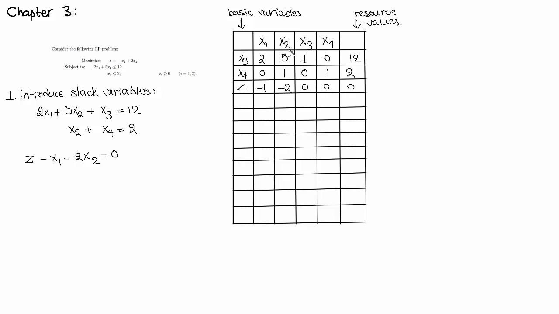And now we need to choose the smallest ratio of the resource values over the coefficients from the column x2. So here we're going to have 12 over 5, and this is going to be 2 over 1. And we can see that the smallest ratio is 2 over 1, so we're going to pivot on this element, and so we can see that x4 is going to be our departing basic variable.